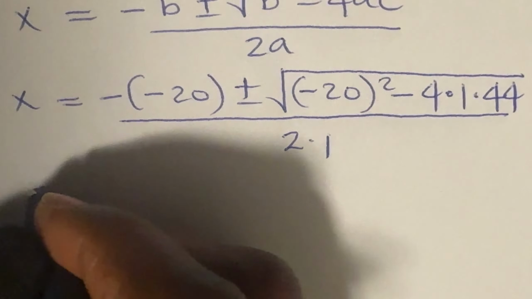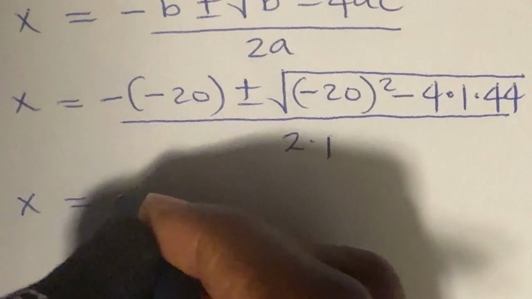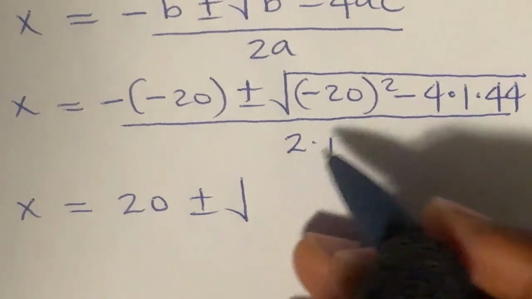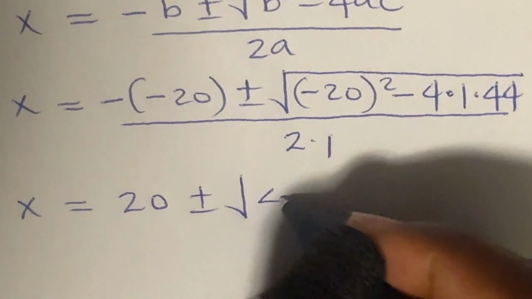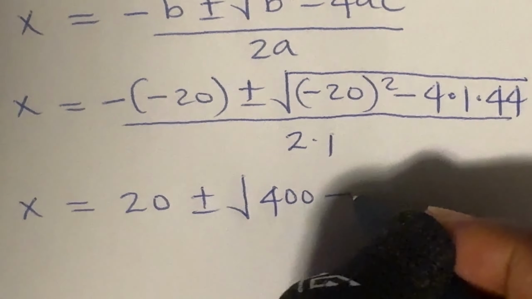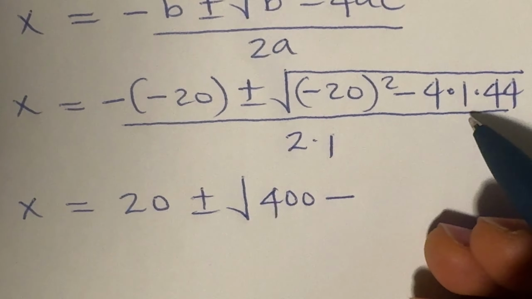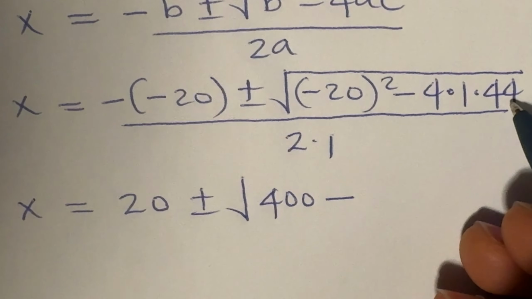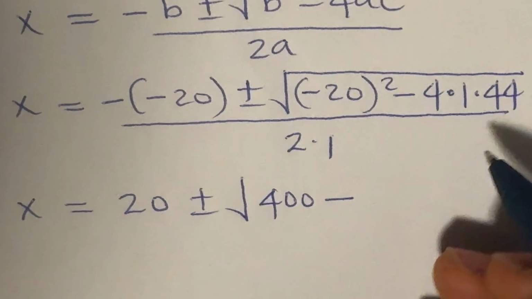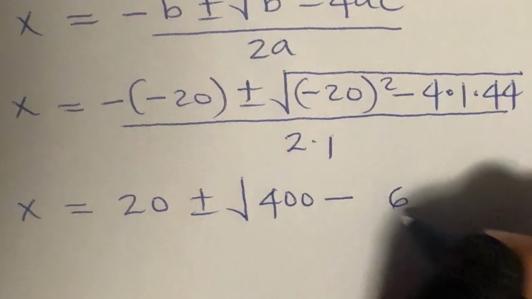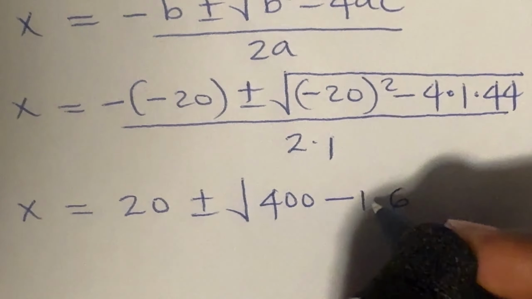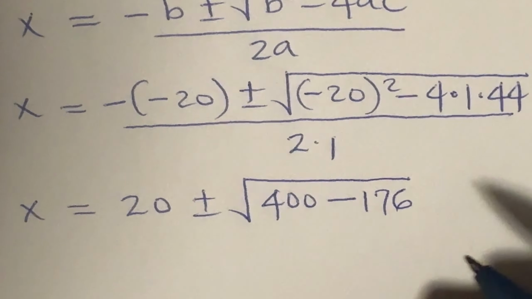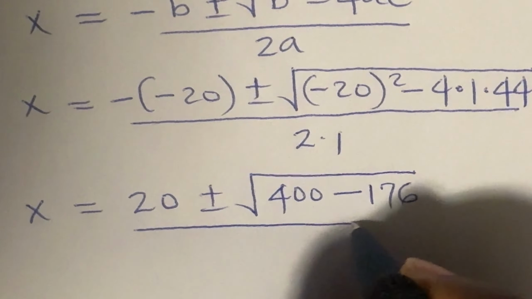This gives us x is equal to 20 plus or minus the square root of, this is going to be 400 minus 4 times 1 times 44. 4 times 1 here is 4. 4 times 44 is going to be 176. So square root of that, then divided by 2.